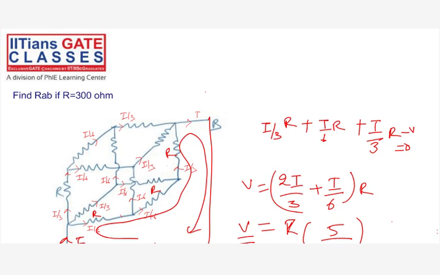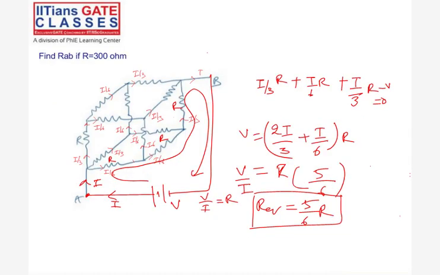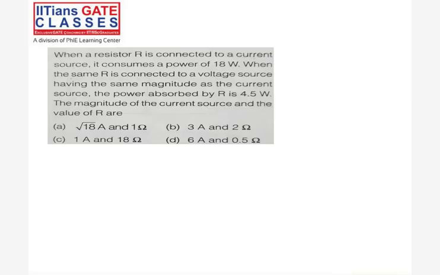Moving to the next question. Again, this is a GATE question, so everyone try to answer this. Read this, write down the given data, and then try to solve the question. When a resistor R is connected to a current source, it consumes a power of 18 watts.